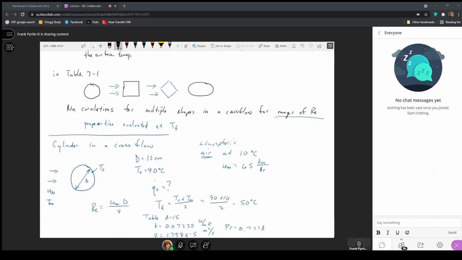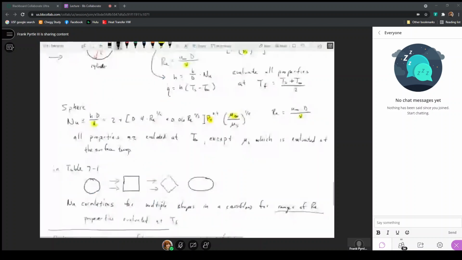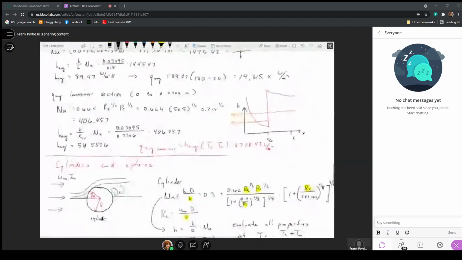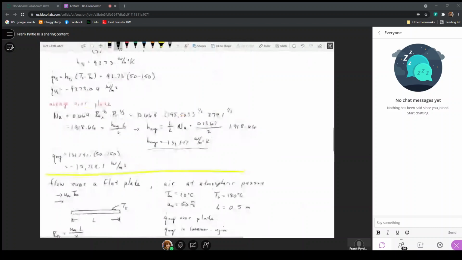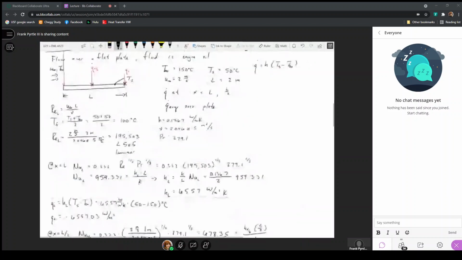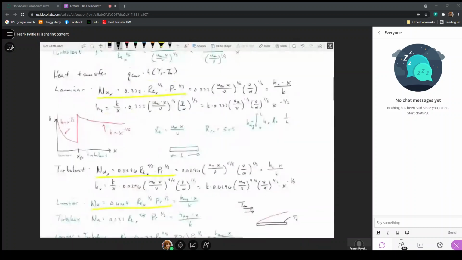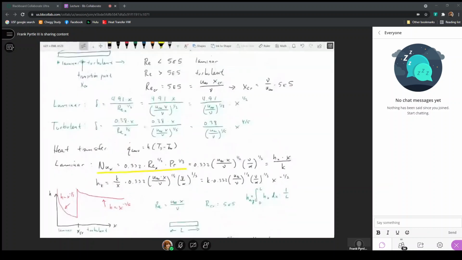So we looked, I'll go back a couple here and consider, just for review, flow over a flat plate. We had some expressions for boundary layer thickness, whether that be the laminar boundary layer or the turbulent boundary layer.